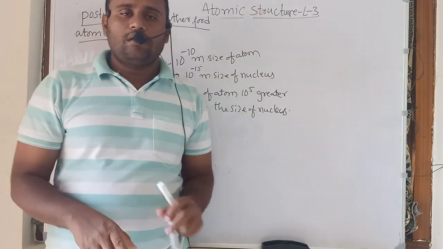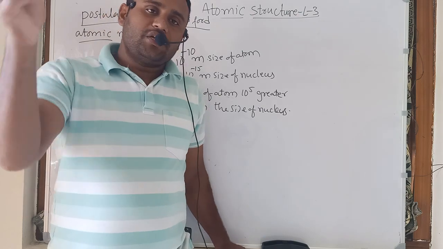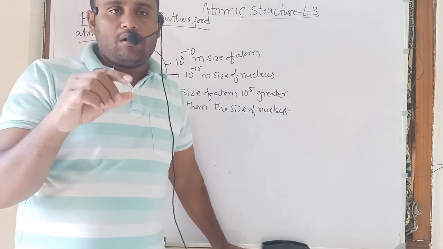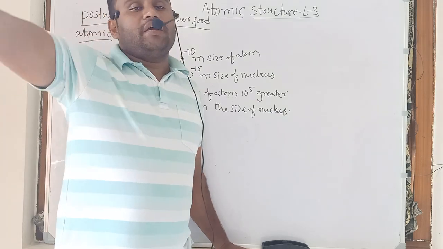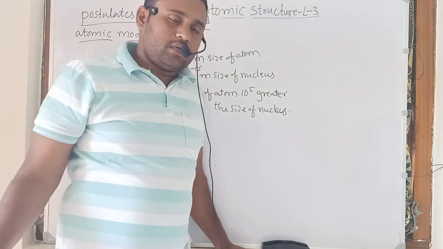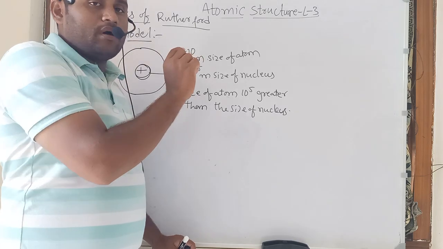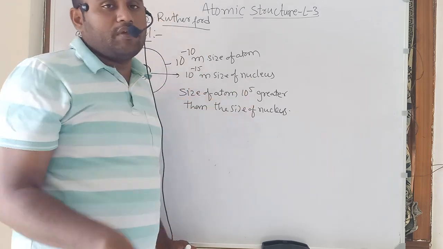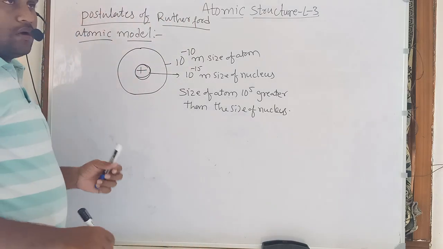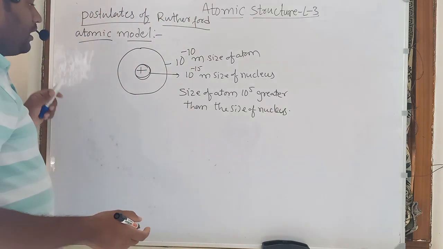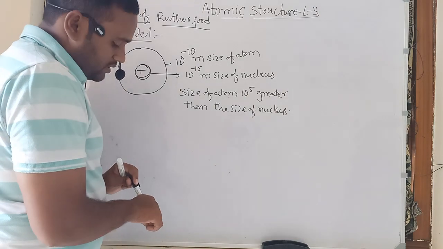How can we assume this? Let us consider a cricket ball and a stadium, where a cricket ball is placed at the center point, and the 5 kilometers radius around that cricket ball is the size of the atom. In this way we can assume the size of the atom and the size of the nucleus.